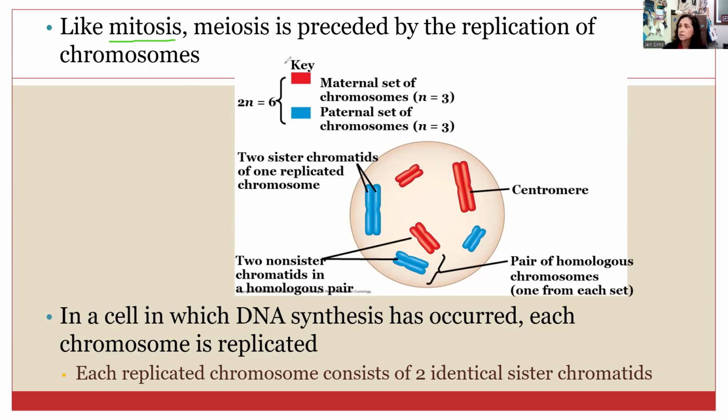So like mitosis, meiosis, and again, notice the spelling, is preceded by replication. So anytime that we are going to undergo cell division, you've got to replicate first, okay? And when we replicate, remember, you go from a single chromosome and then we replicate it. And we've got now the centromere, the little belt holding together your sisters.